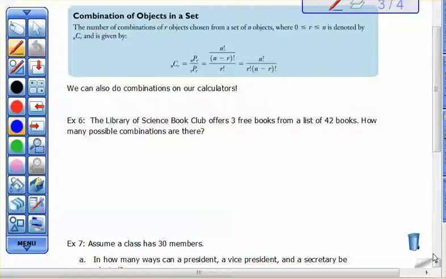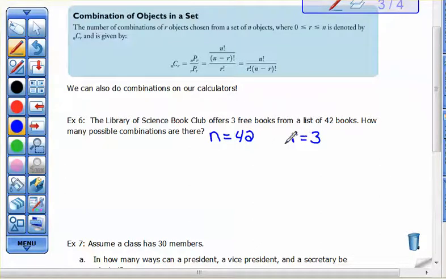Just like when we were doing our permutations, we need N, which is our total number of objects, and R, which is how many we're using in a group at a time. In this case, our N, the total number of items to choose from, is 42, and we're choosing in groups of three.